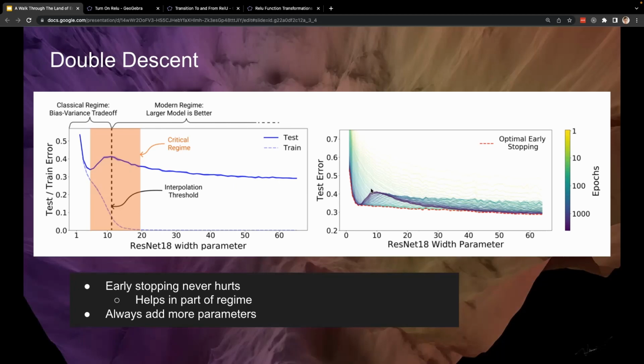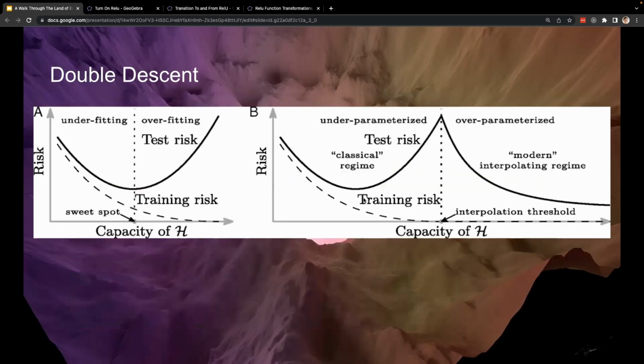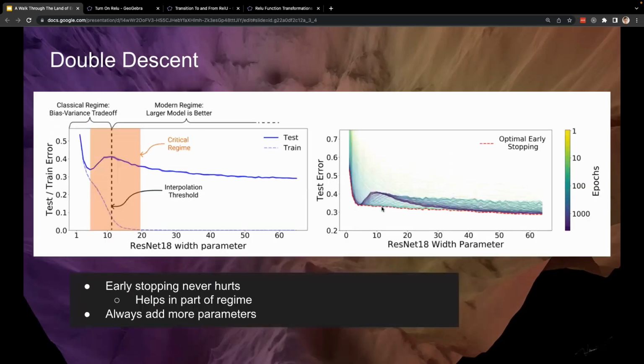But in this regime of this sort of upward area, the part of this traditional view, this is where early stopping helps, right? So if you're here and your model isn't big enough, early stopping helps because if you keep training, you're going to come back up here and overfit. Whereas if your model is huge, you keep training and it will never go back up. And these are test errors. So when I saw this, I feel like this graph is kind of fascinating.